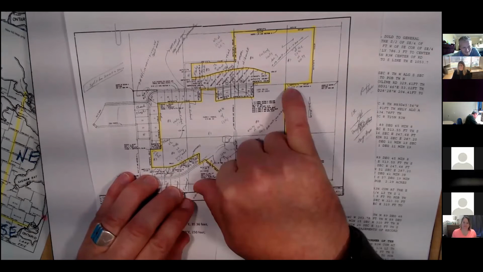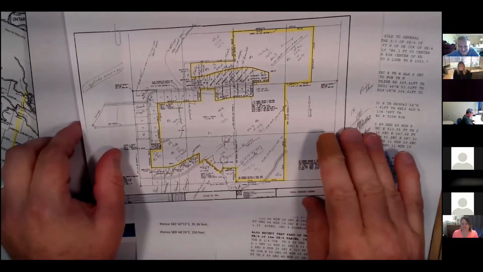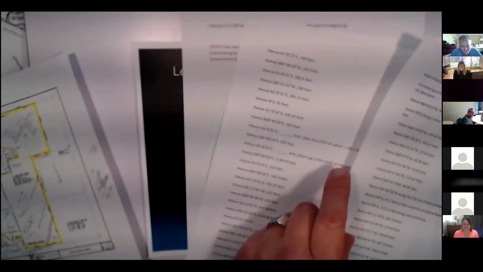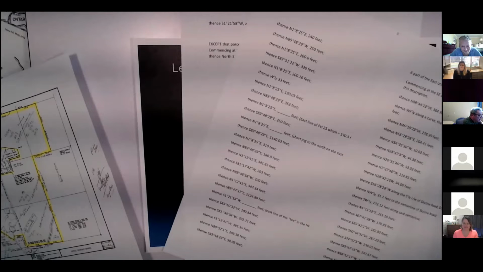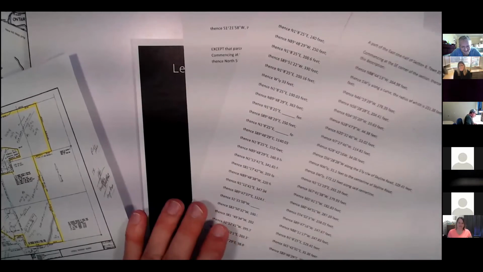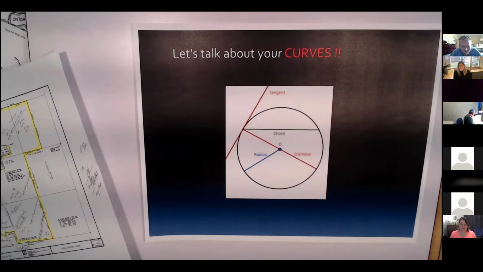The direction north 89 degrees, 37, 51 west, however many feet, and actually cleaned up that description, and now it looks like that. There are a couple of things in here where there were distances that we had to refine, but we essentially got to the point where we were able to turn this into that. And it's just a whole lot easier on the eyes and a whole lot easier to digest. One last thing before we leave today.